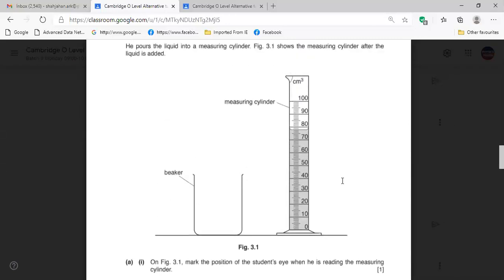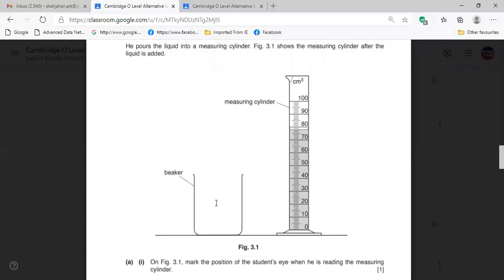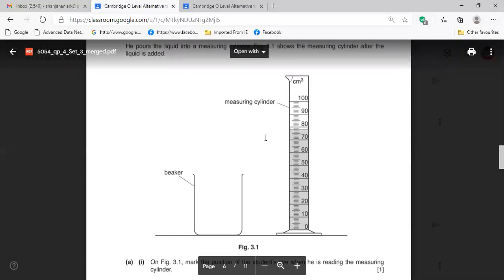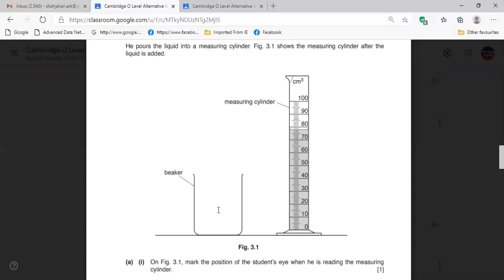Or if someone is saying it in another way, using the beaker only, taking the mass of the beaker, that is M1, then taking the water inside the beaker, again taking the mass with the water and beaker, that is M2, then M2 minus M1 is your mass of the water. Someone can also tell it this way.